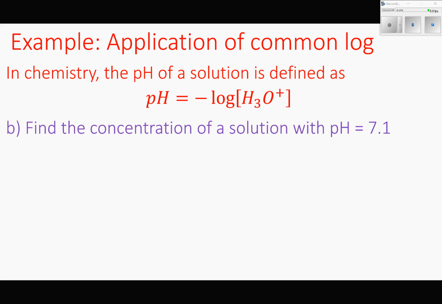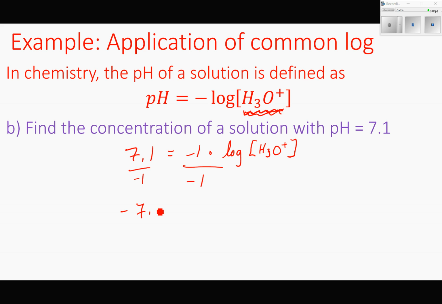Now, if we wanted to find the concentration, because remember, this piece right here is representing the concentration, of a solution with pH 7.1. Now we have more of an algebra problem where we have an unknown that we need to solve for. So 7.1 is negative 1 times the log of our concentration, H sub 3 O plus. I'm going to divide all of this by negative 1 to get that out of there, so negative 7.1 equals the log of H sub 3 O plus.